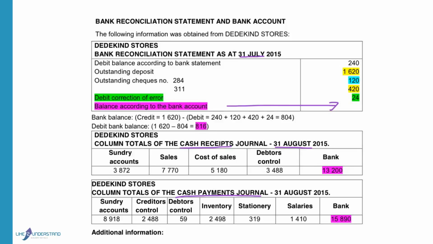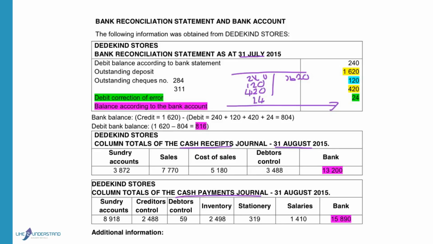To calculate this balance, you will say that the bank statement has a debit balance of 240. The outstanding deposit in the books of the bank is on the credit side. The checks are on the debit side, 120 and 420. And you have to correct a mistake on the debit side, 24.